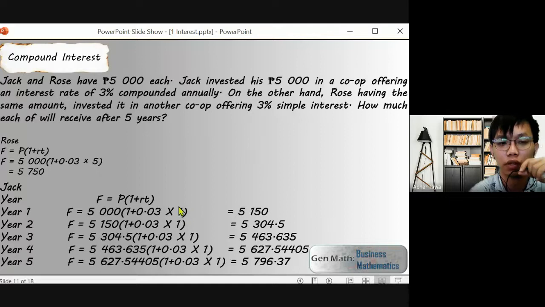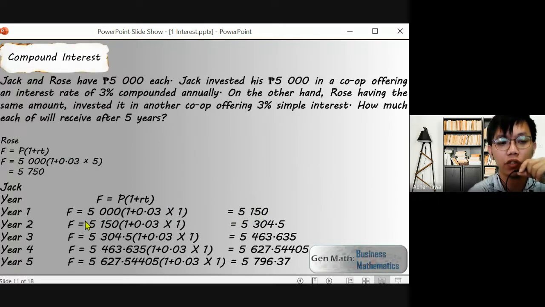That is the difference nung year 1 from yung time na kanyang in-invest yung 5,000, which is 1 year yung distance or yung length of time. Okay? And then if you're going to solve that, after 1 year, his money will be 5,150.